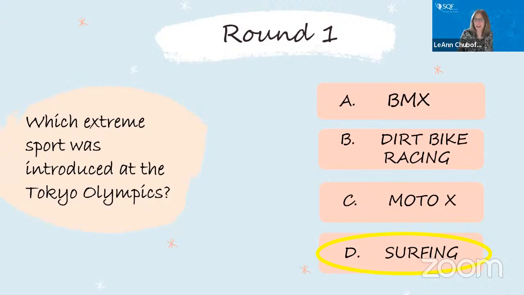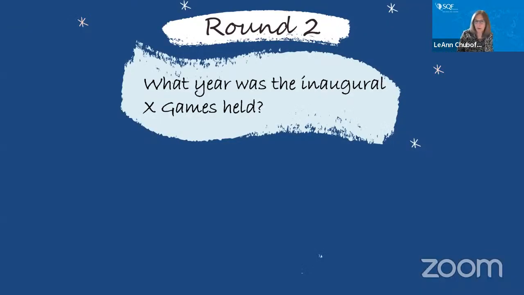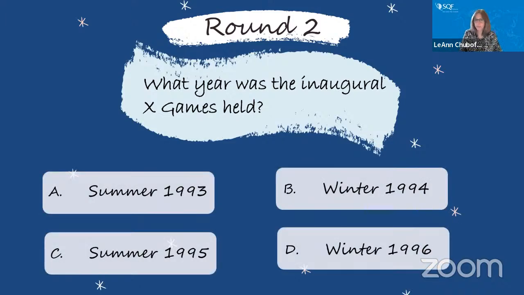Good job. All righty, round two: what year was the inaugural X Games held? I just said year, but I will give you my hint box. So it's summer 93, winter 94, summer 95, or winter 96.